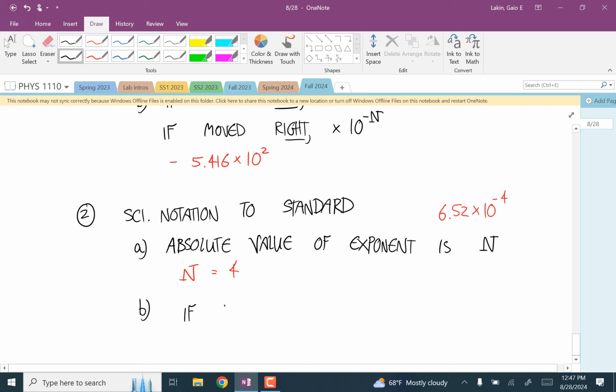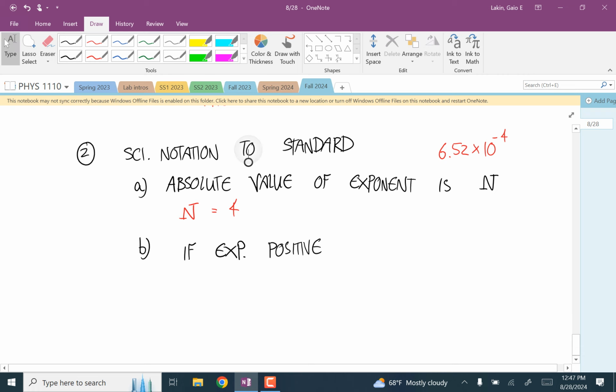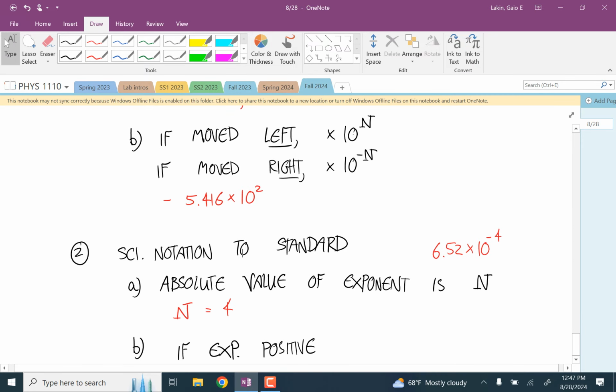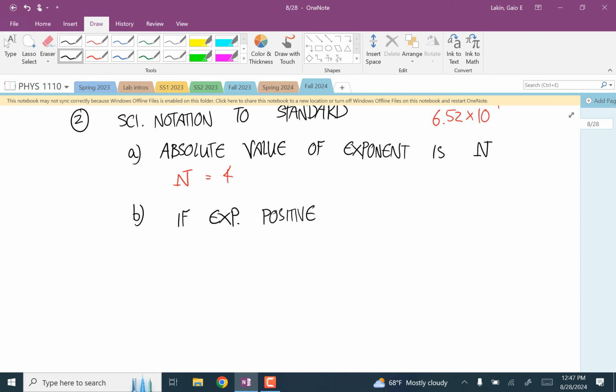And now if the exponent is positive, okay, so if the exponent is positive, then move the decimal point 'n' places, whatever the n is, n places to the right.